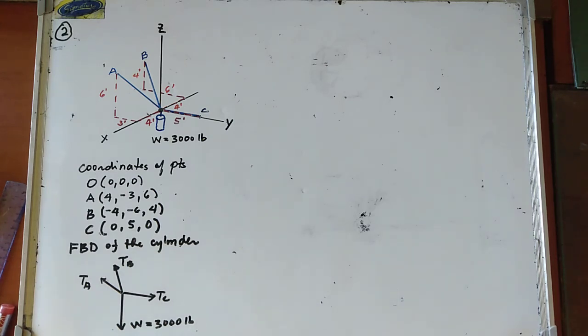Now, knowing the free body diagram, let's determine the tensions of cables A, B, and C respectively in Cartesian vector form.